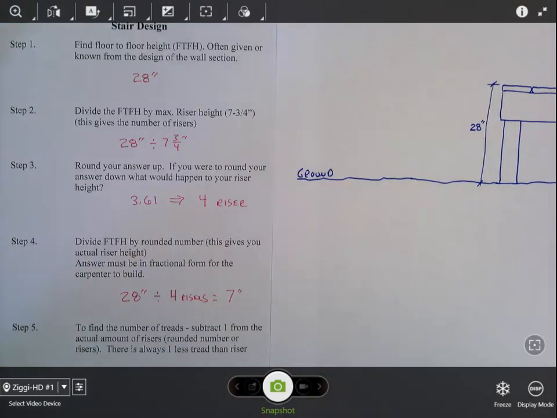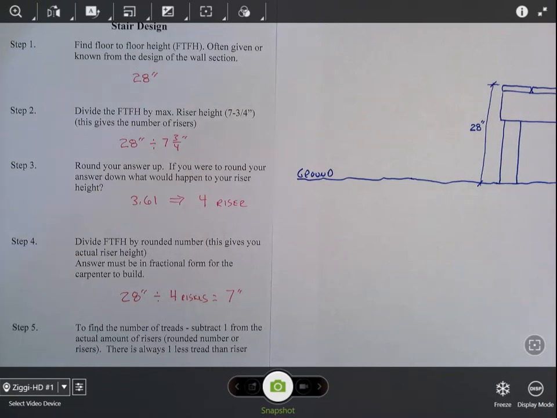If we had a floor-to-floor height that was not divisible by 4 evenly, we could end up with a riser height of 7¼ inches, 7 3/8. It's important to use the construction calculator so you can find out what the actual inches are in fractional form. Because we're going to give this number to the contractor, and whenever they're laying out the steps, they have to know exactly what size the risers are.